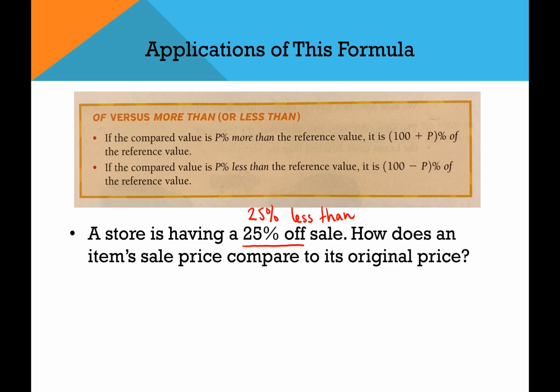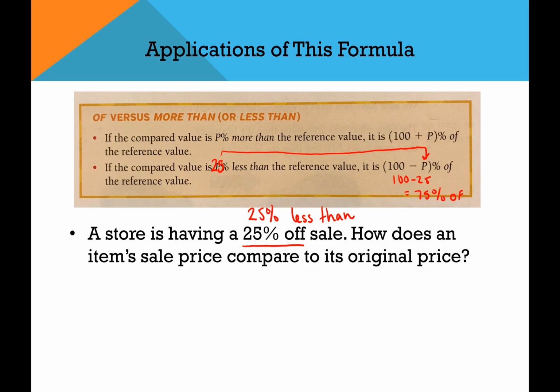It's the same direction. It's just that language that was really kind of confusing, which is true for these problems. So we have 25% less than, which means I'm here. And so then I'm going to take that 25 and put it right here. It's going to be 100 minus 25, and that gives me 75% of.